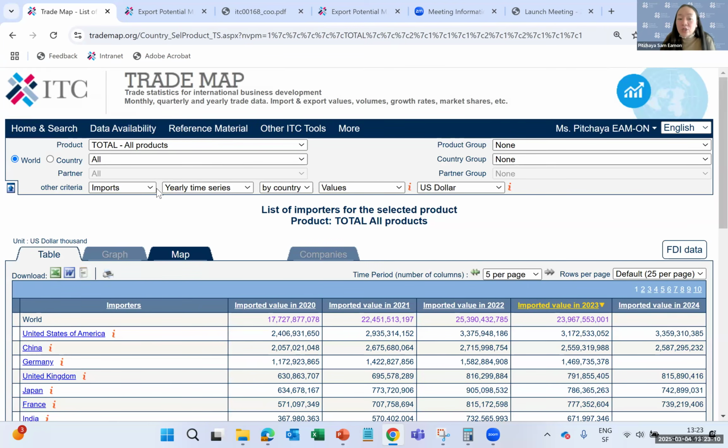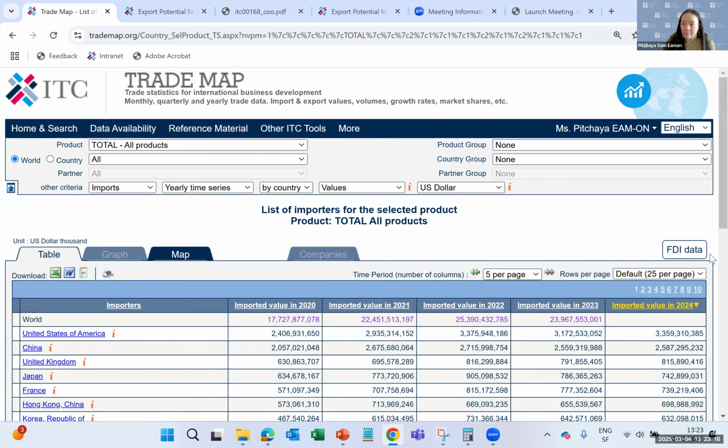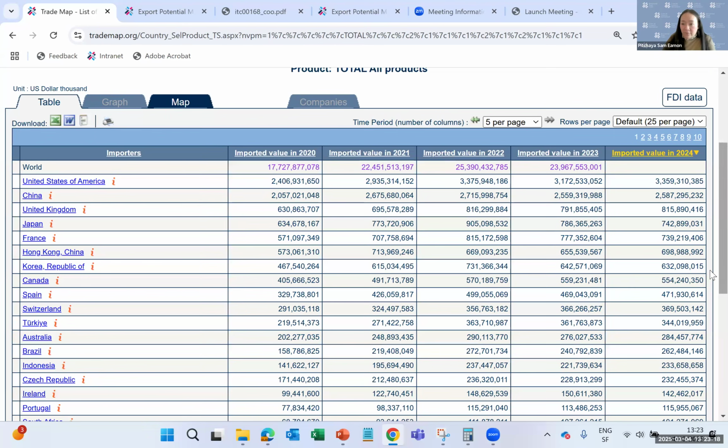This is very important. Make sure you click on yearly time series, and you will see here that we already have statistics for 42 countries. Basically, it's not most of the countries, but it covers a lot of trade statistics already, up to almost 80%. You have US, China, UK, Japan, France, Hong Kong China, Korea, Canada, Spain, Switzerland. So you have pretty good data already.